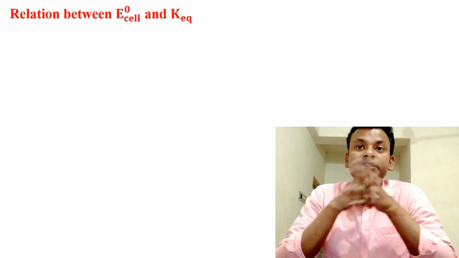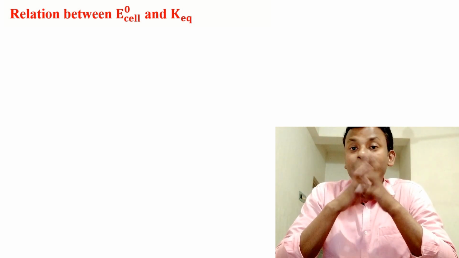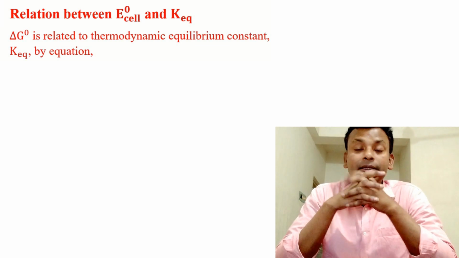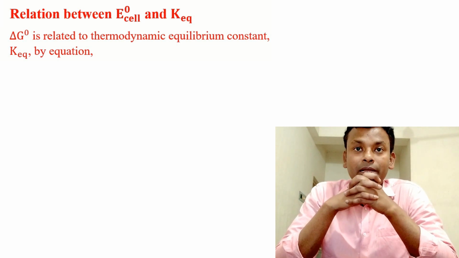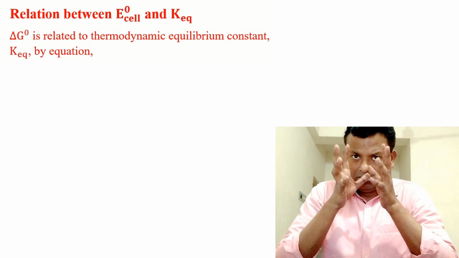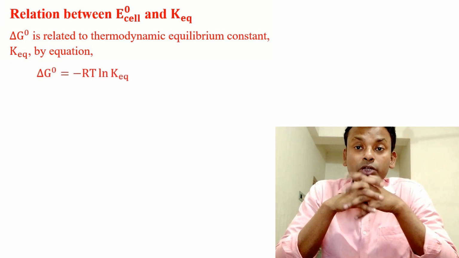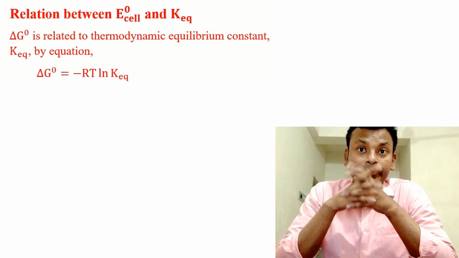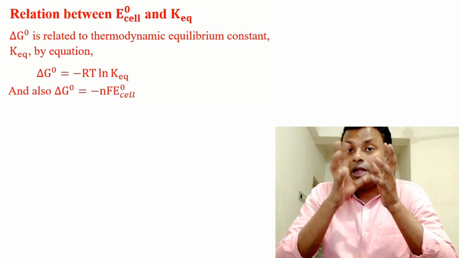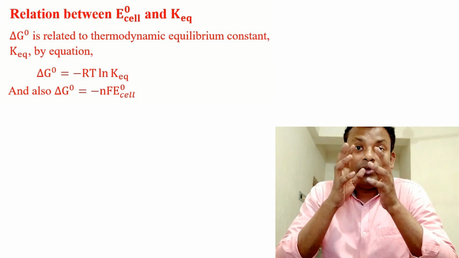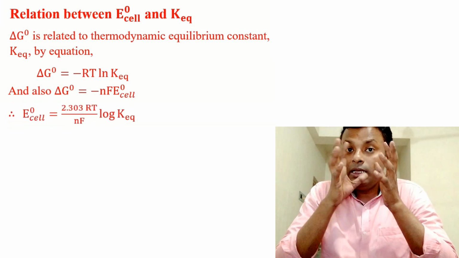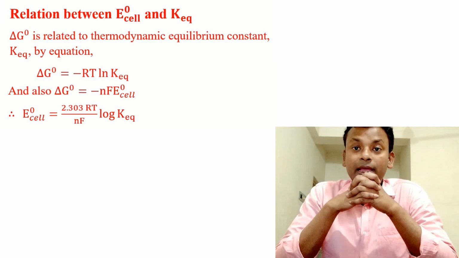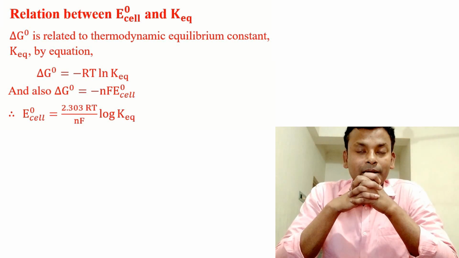Relation between E0 cell and equilibrium constant, that is K eq. Del G0 is related to thermodynamic equilibrium constant by the equation del G0 equals minus RT ln K, and also del G0 equals minus nF E0 cell. Therefore E0 cell equals 2.303 RT by nF log K equilibrium.